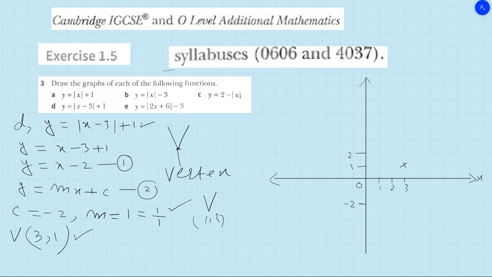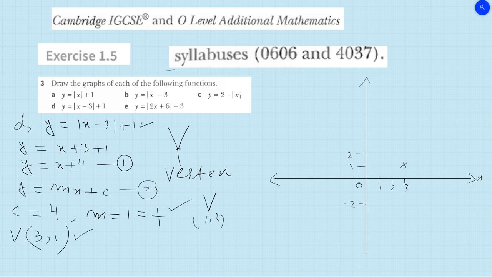When we drop this absolute sign, we should convert this minus sign into plus sign. So x plus 3 plus 1 is, I'm sorry student, x plus 4. And from this, the y-intercept is 4.